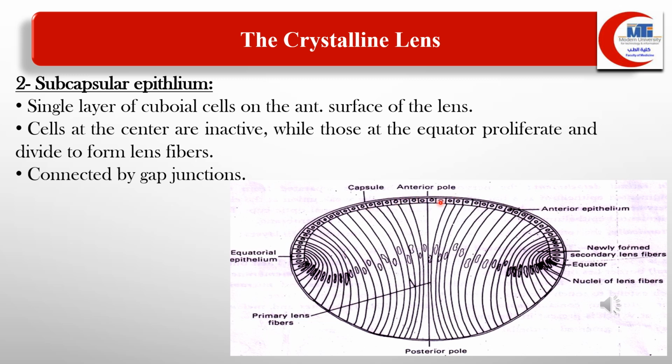The cells at the center are inactive, while those at the equator proliferate and divide to form the lens fibers. These cells of the subcapsular epithelium are connected by gap junctions.